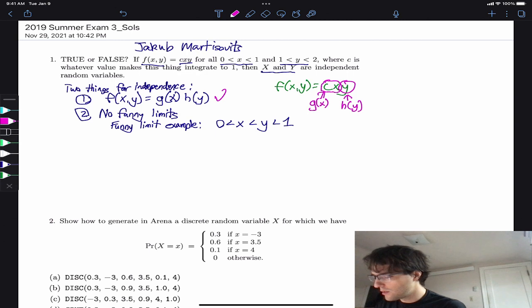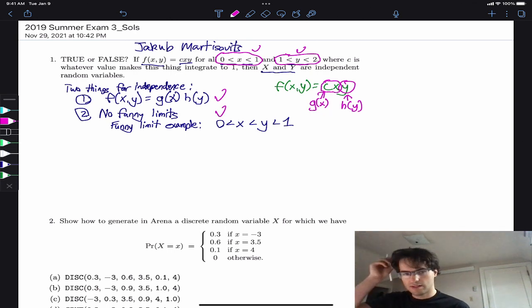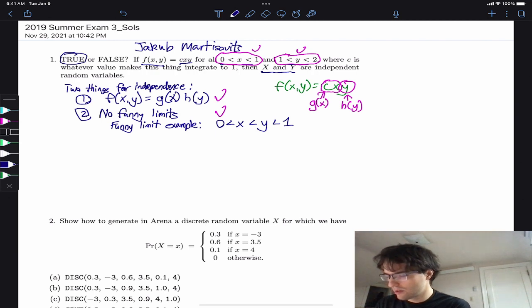Then we look at the limits, and we see that the limits for x do not depend on y, and the limits for y also do not depend on x. So this condition has also been satisfied. And so in this case, these two random variables are independent, so the answer is true.